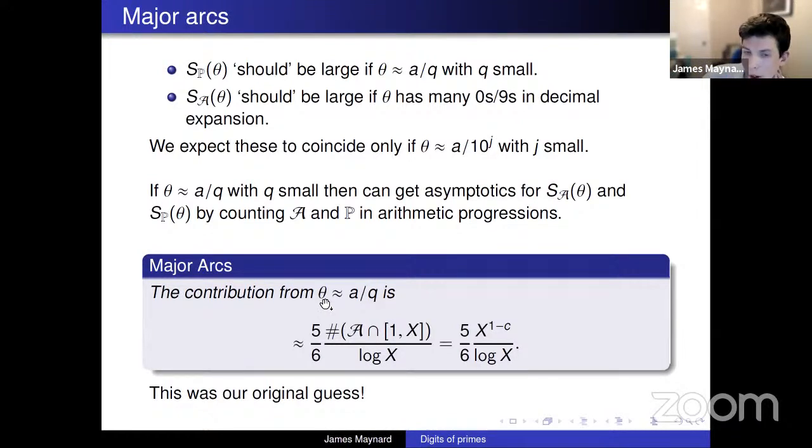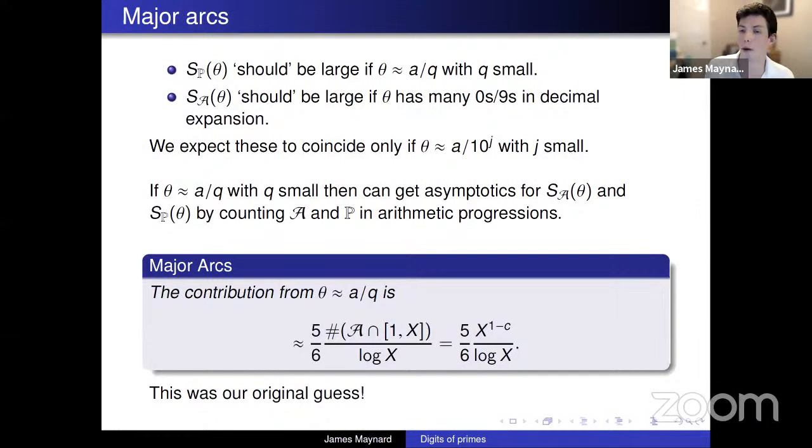This asymptotic formula is precisely the asymptotic that we came up with in our naive guess of 5/6 of the size of A divided by the logarithm of the numbers that we were looking at. And the full contribution here is essentially coming from rationals with small denominators that are a small power of 10.